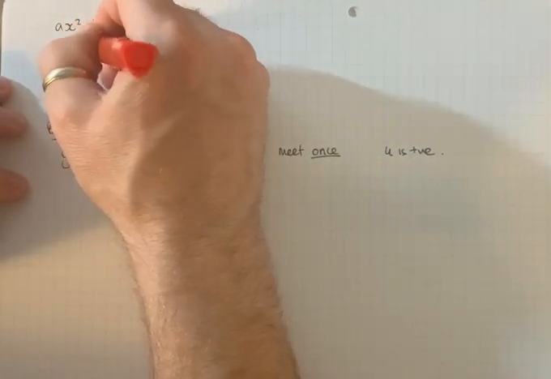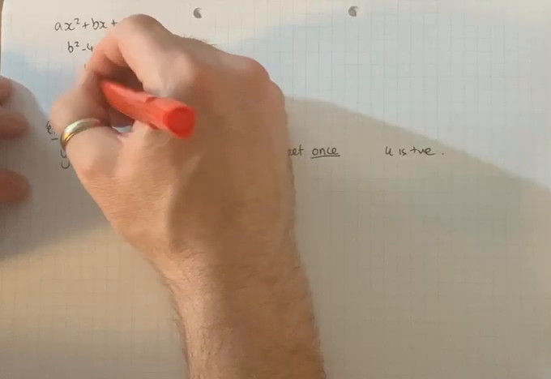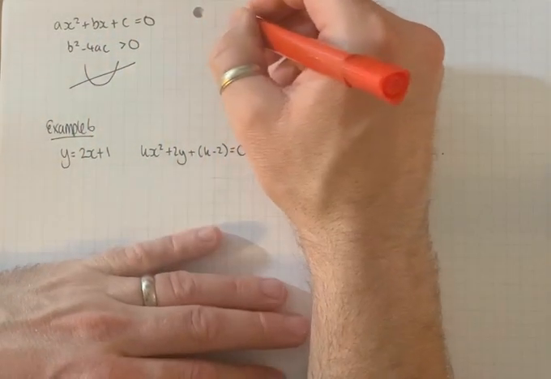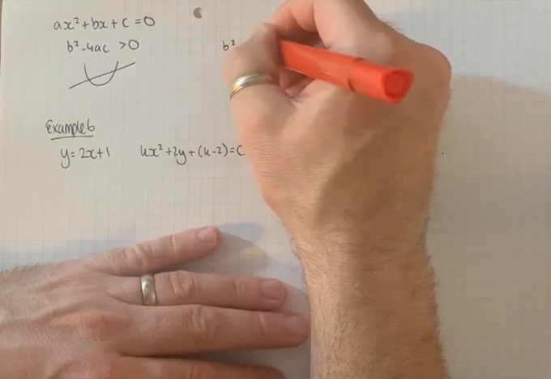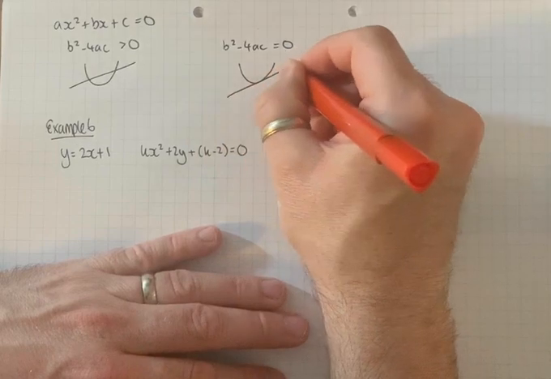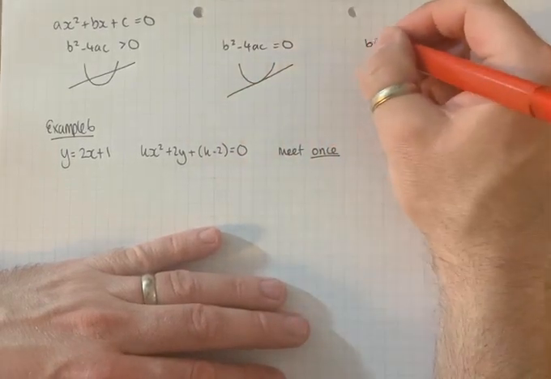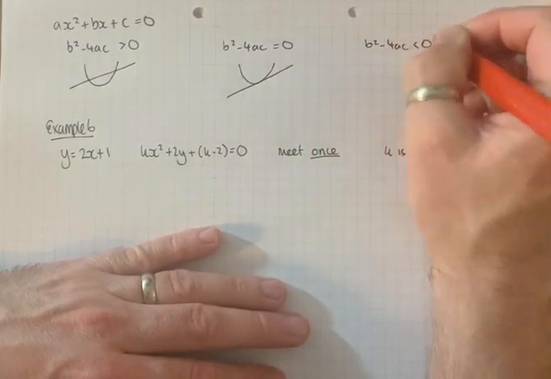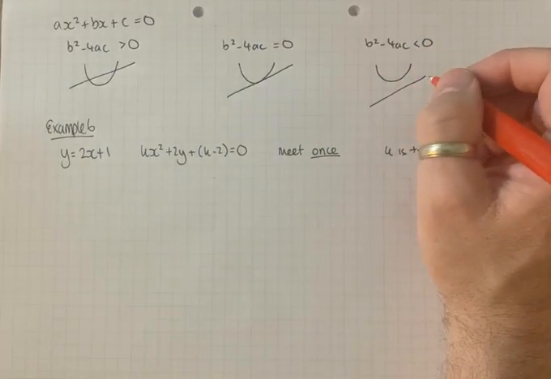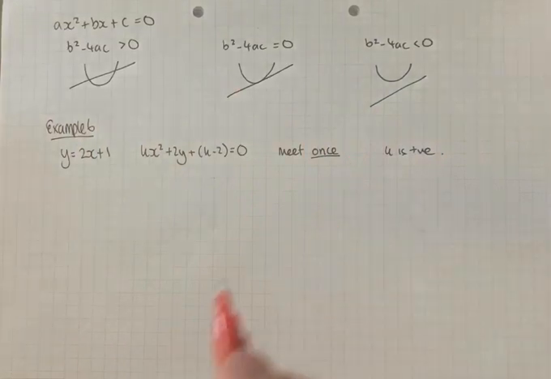If the discriminant b squared minus 4ac is greater than 0, then the line will cut the curve twice. If b squared minus 4ac equals 0, the line will just touch the curve once. If b squared minus 4ac is less than 0, they will not cut at all. There'll be no point of intersection. So it's very, very similar to where we were looking at solutions previously.